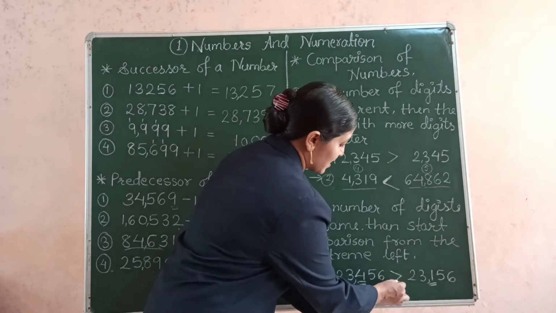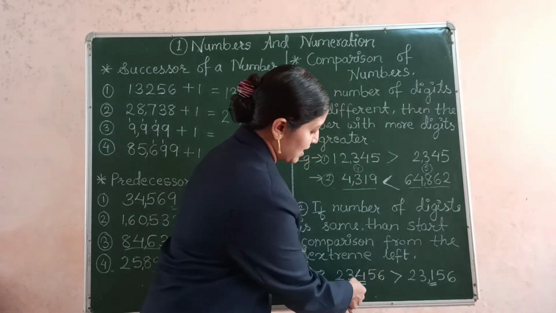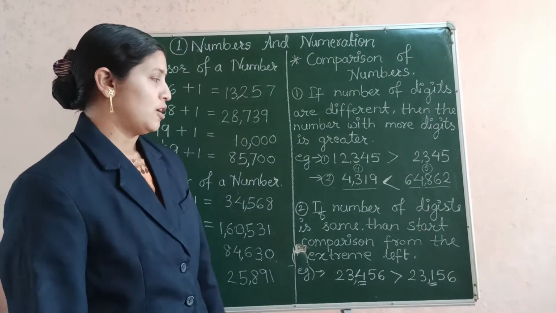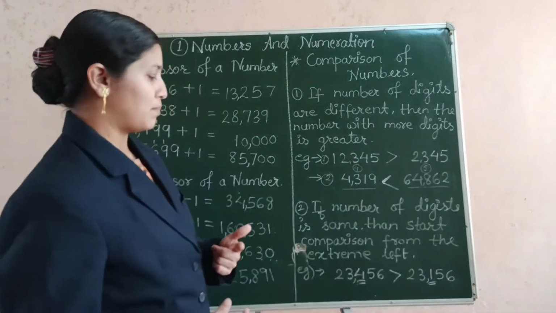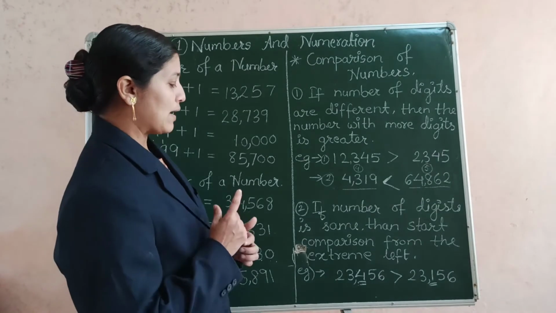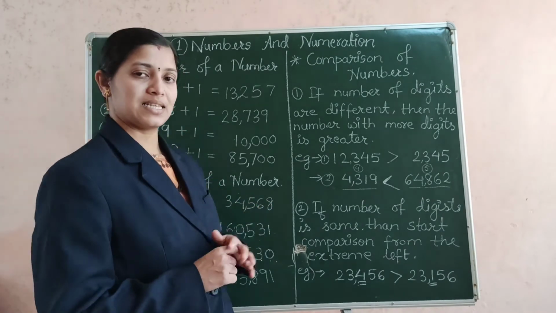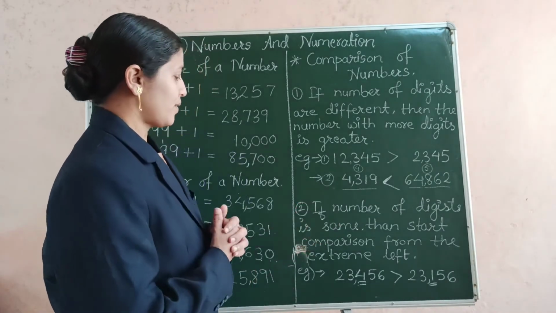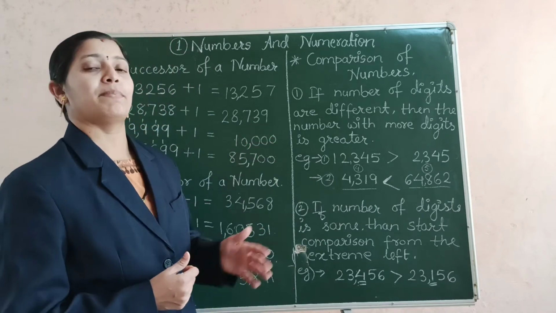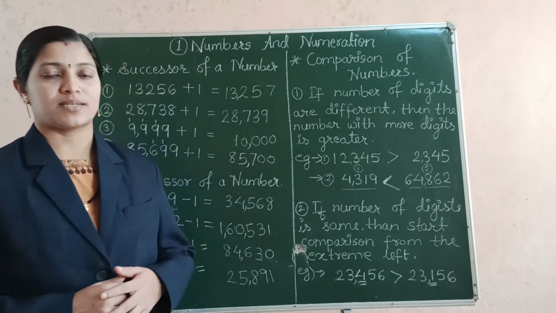So the greater sign will come towards the greater number. We will be solving some more examples so that you don't have any confusion. We will solve our exercise and get a good revision of the comparison of numbers.